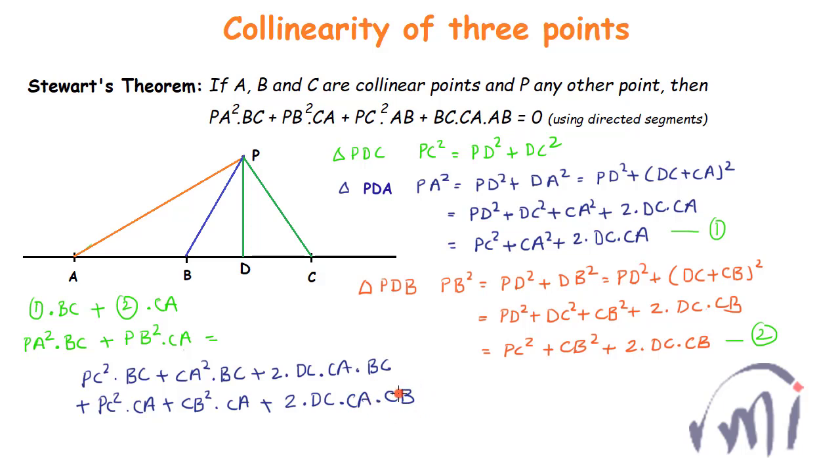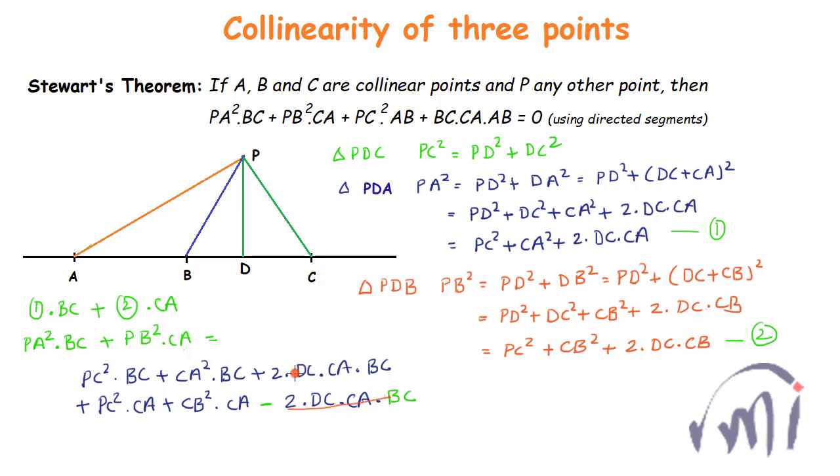And the CB is actually minus of BC. So if I change this term to BC, then I'll also have to change the sign because CB is negative of BC. So this term will become minus 2 times DC dot CA dot BC.